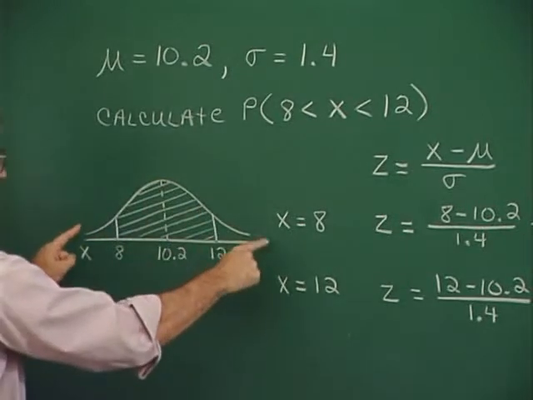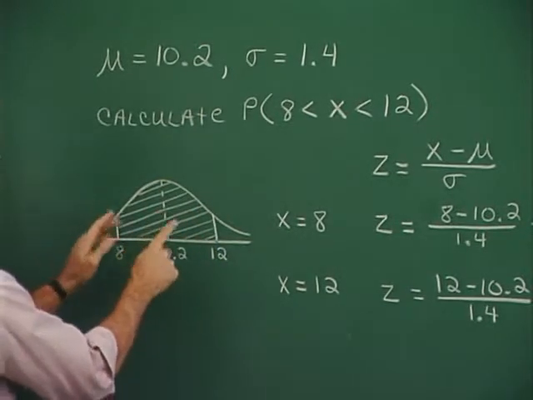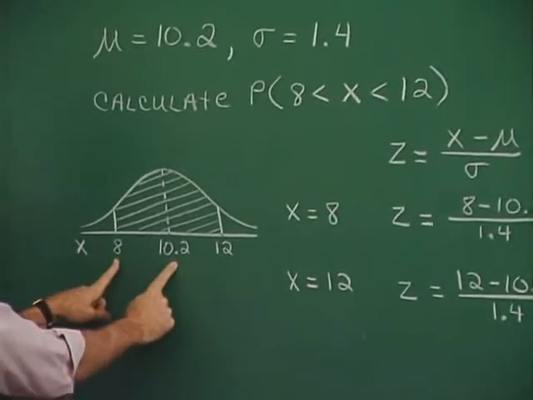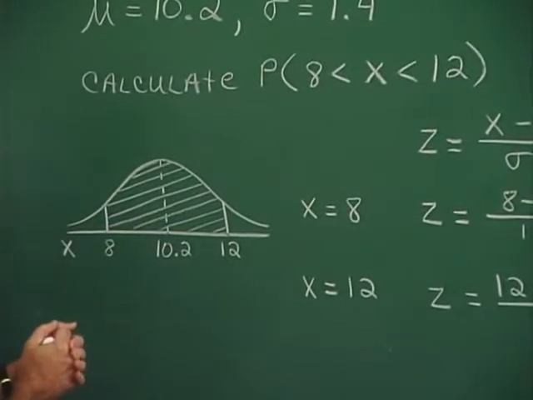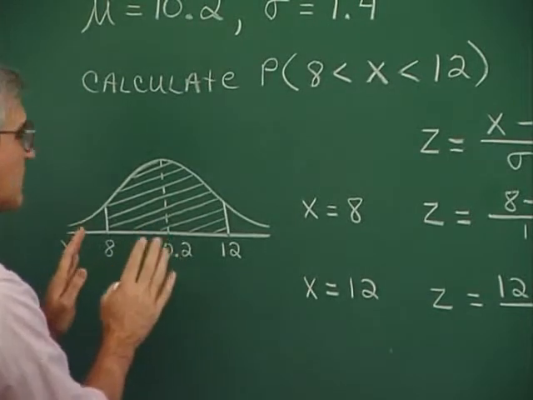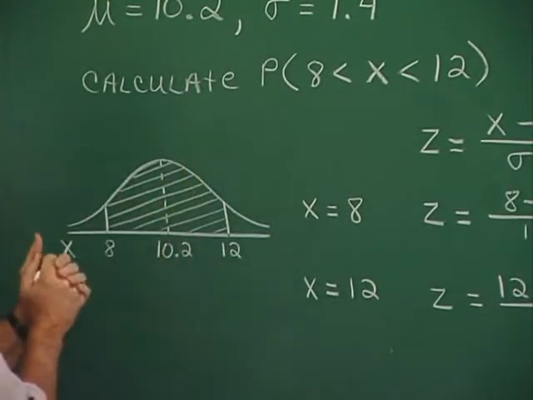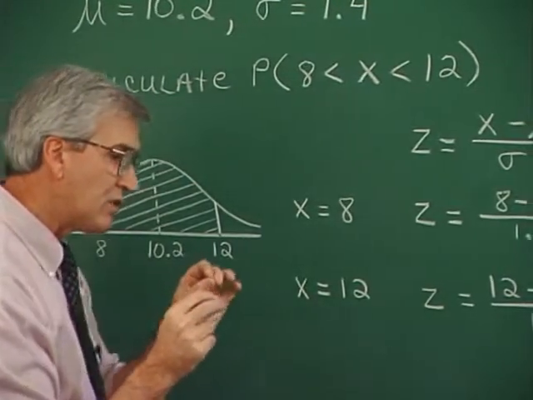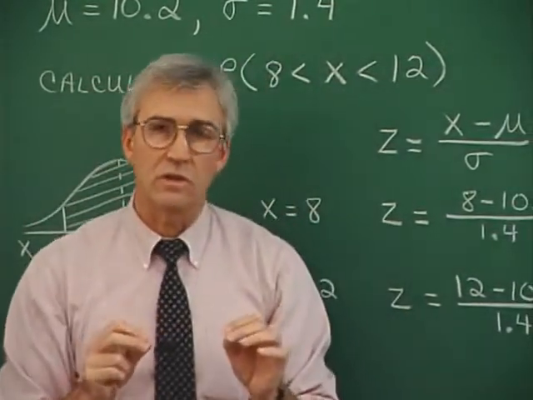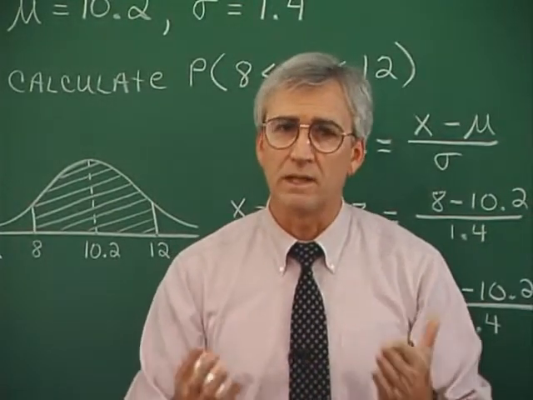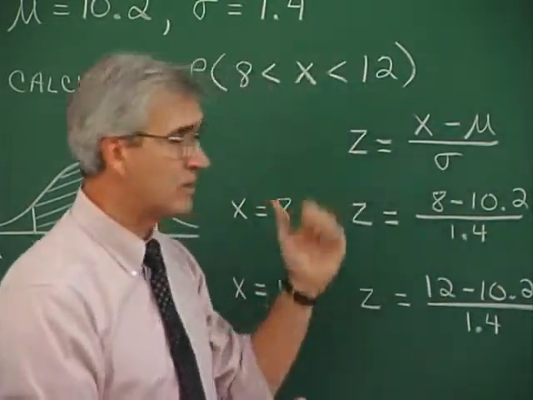Here is our distribution, and we want the probability that an x in the distribution falls between 8 and 12, and here's our mean of 10.2. Well, we know that we're going to find a z associated with 8 and 12 for this population, and then those z values, those z-scores, are associated with areas, and the areas represent probabilities, and that's how we get at the essence of this problem.